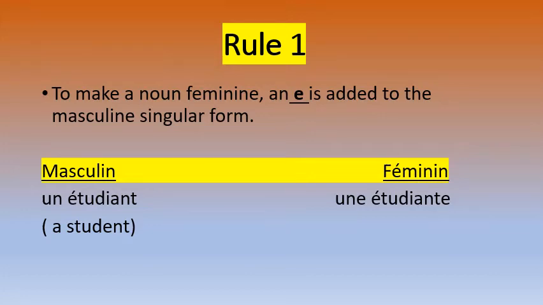That means a student who is a male. And if I have to talk about a student who is a female, I will add an E at the end. So it becomes étudiante, and the article in front of it will also change. So it will be une étudiante. So in the masculine, it is un étudiant, and in the femina, it is une étudiante.